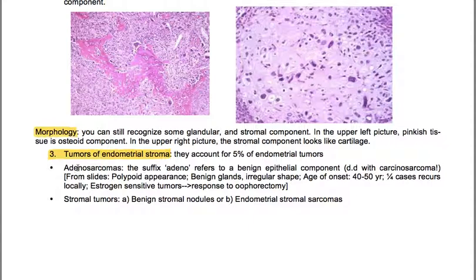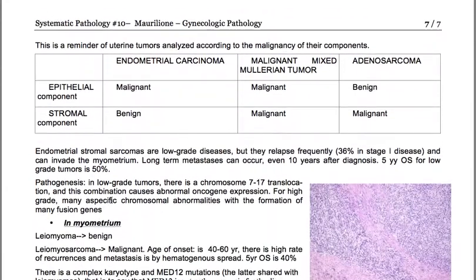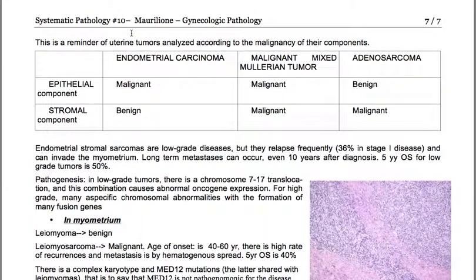We have adenosarcomas. The suffix adeno refers to a benign epithelial component, so we have a differential diagnosis with carcinosarcoma. And then we have stromal tumors. They can be benign stromal nodules or endometrial stromal sarcomas. This is a reminder of uterine tumors analyzed according to the malignancy of their components.